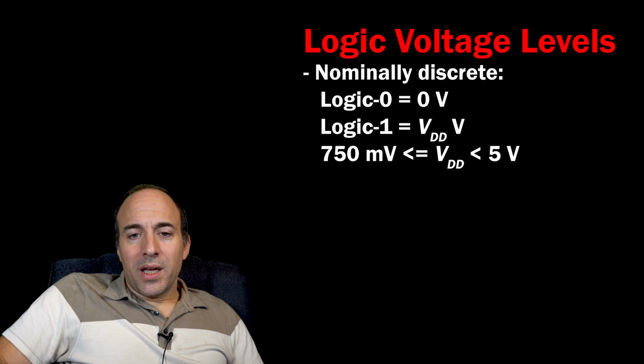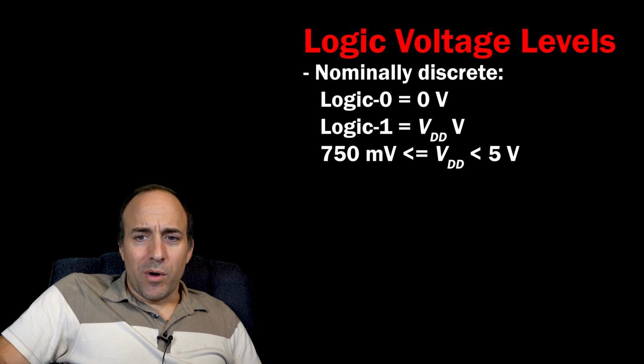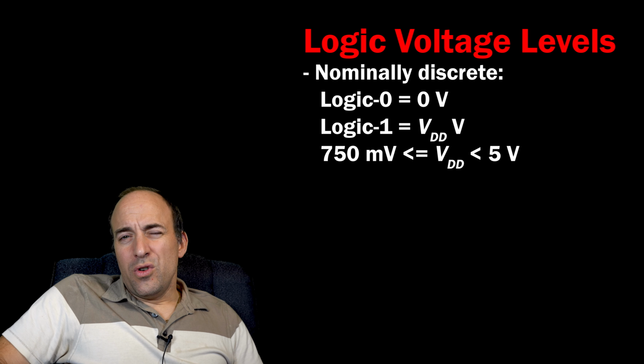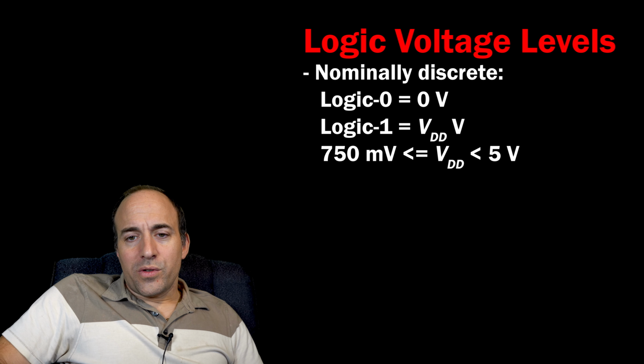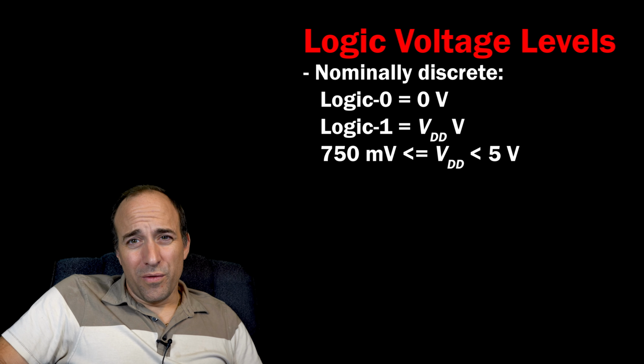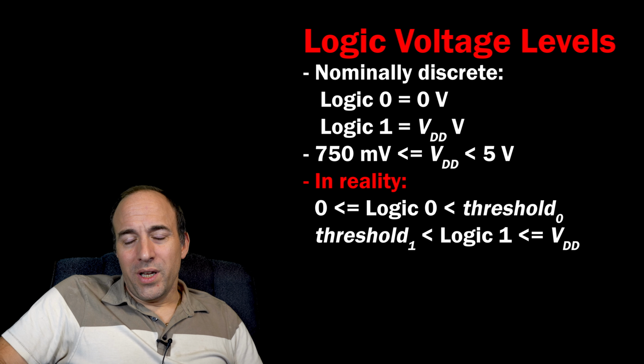In reality, there is a range of voltages that represent each logic level, which allows digital logic circuits to be resilient to noise sources. So basically, 0 values can be greater than 0 volts, and 1 values can be less than VDD.